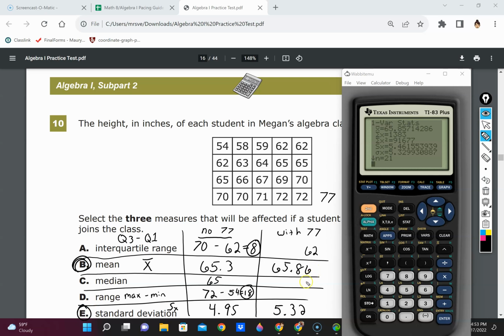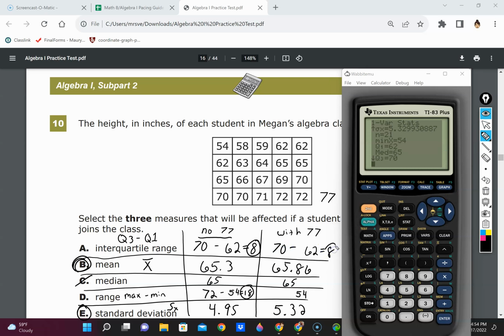Your middle number, your median, your minimum is 54, so that's still right. Quartile 1 is 62. Median is 65, so that hasn't changed, still the same median. Quartile 3 is 70, so that's not going to change.